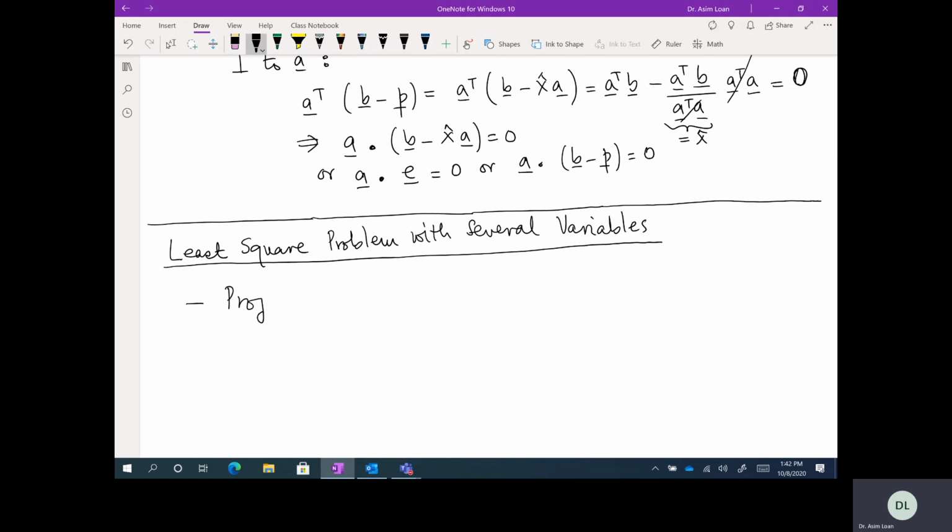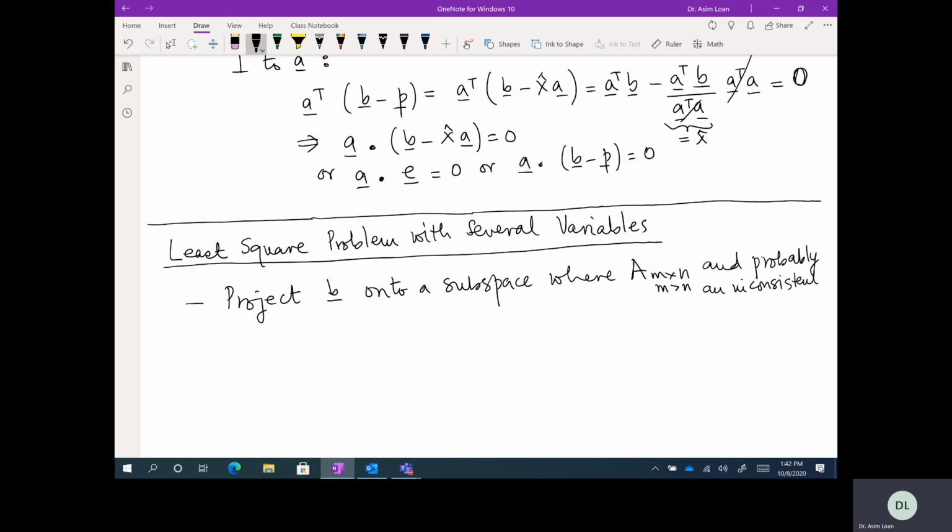So project B onto a subspace where A is M cross N, M is greater than N, and probably an inconsistent system of equations.